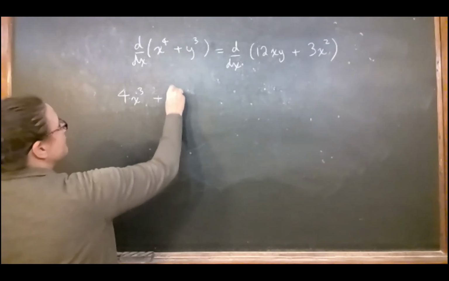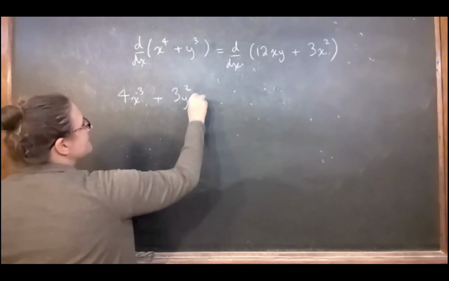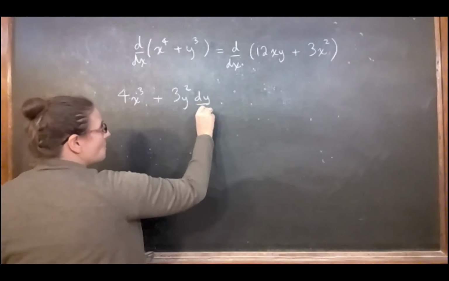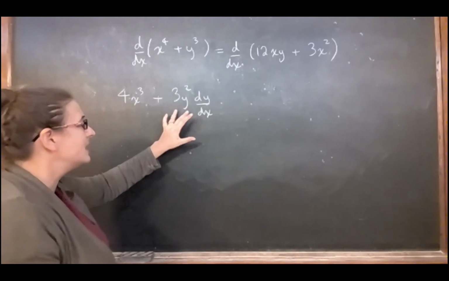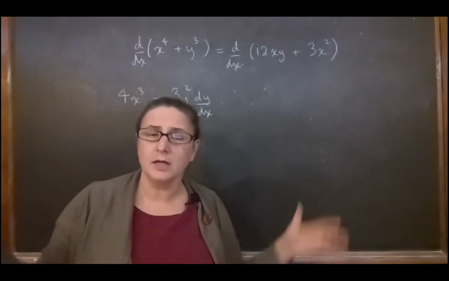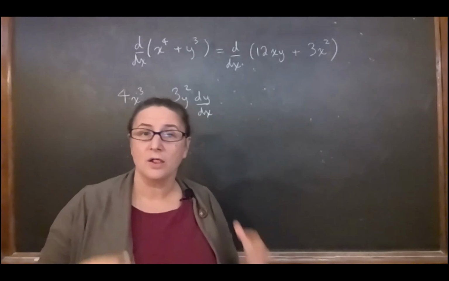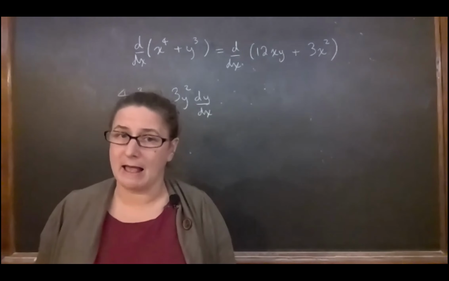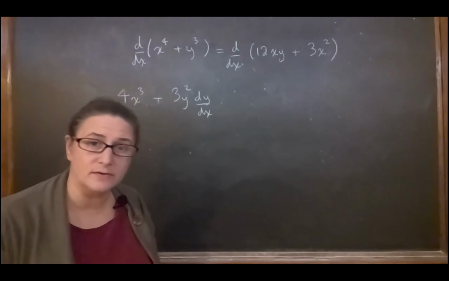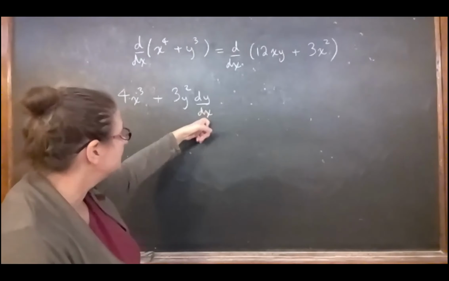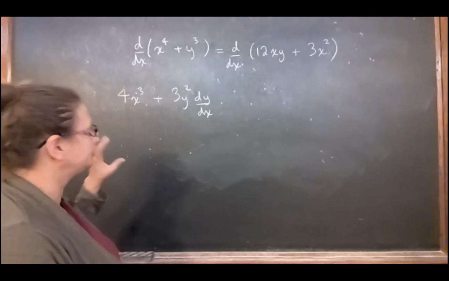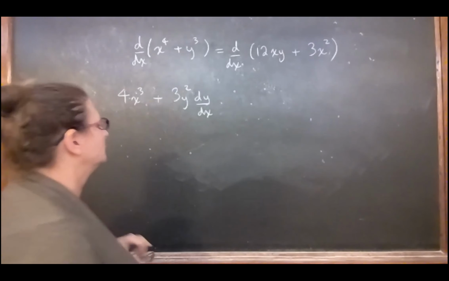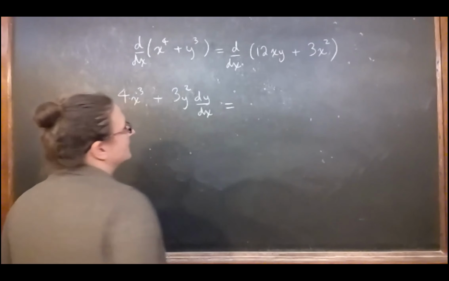So it would be 3y squared dy/dx, because I want to be thinking of y as a function. I don't know what y is, but I do know that it depends on x. So since I'm taking the derivative with respect to x, I have to get a dy/dx whenever I do that.